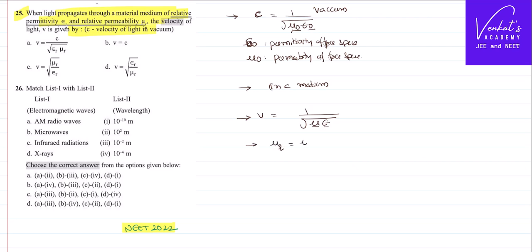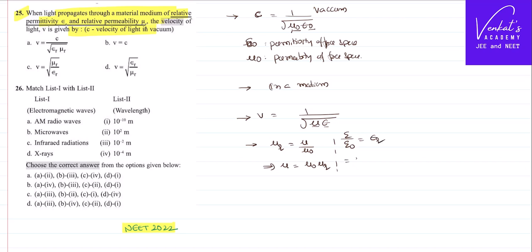The relative permeability of the medium is mu by mu naught. That implies mu equals mu naught into relative permeability. Similarly, we have epsilon by epsilon naught as the relative permittivity.